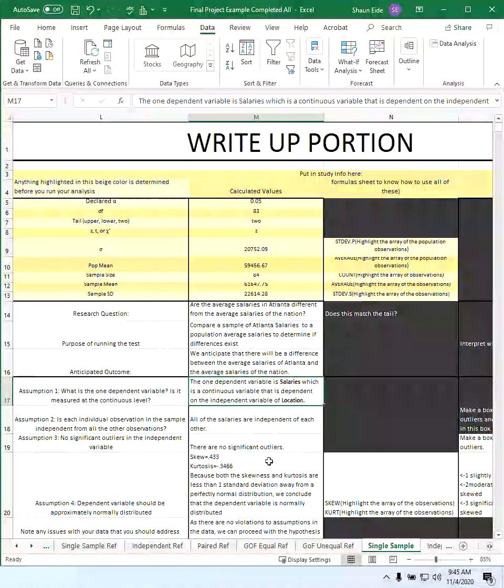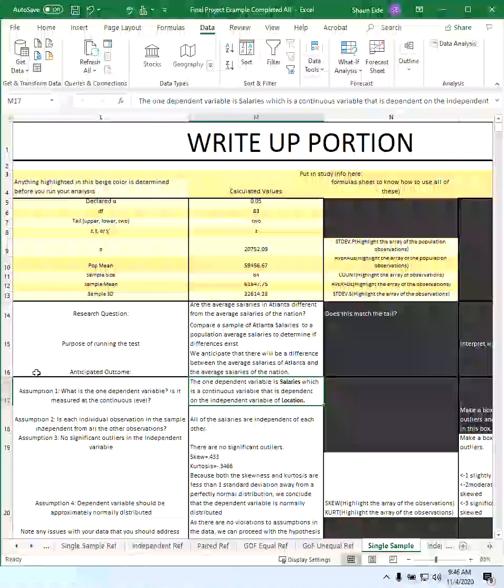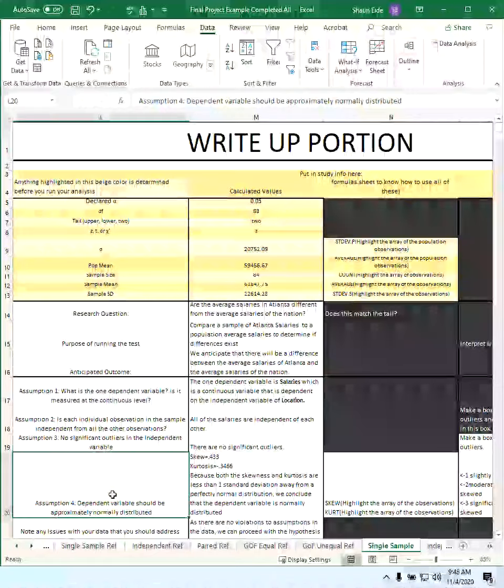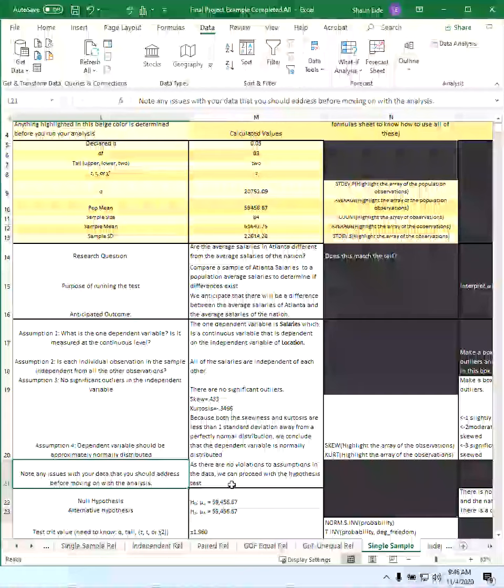The data has to be right for the test that you're running. If the data is not right for the test that you're running, then your results are useless, completely meaningless. So what I'm asking here is, does it meet assumption 1? Does it meet assumption 2? Does it meet assumption 3? Does it meet assumption 4? And if there's any sort of issue, let me know about that issue right here, so that you can address that issue before you move forward.